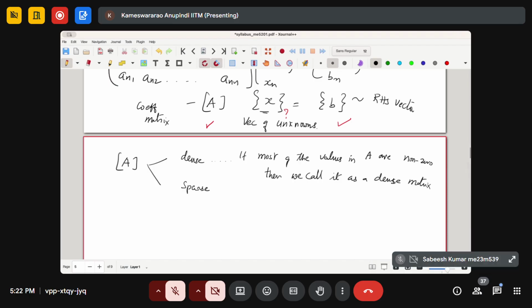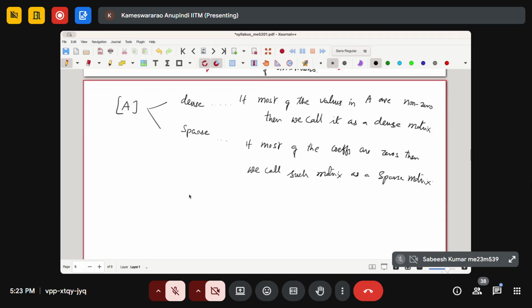On the other hand, if most of the coefficients are zeros, then we call such a matrix a sparse matrix. Have you come across any of such matrices in your work? Are you familiar with these terms, dense matrix and sparse matrix?